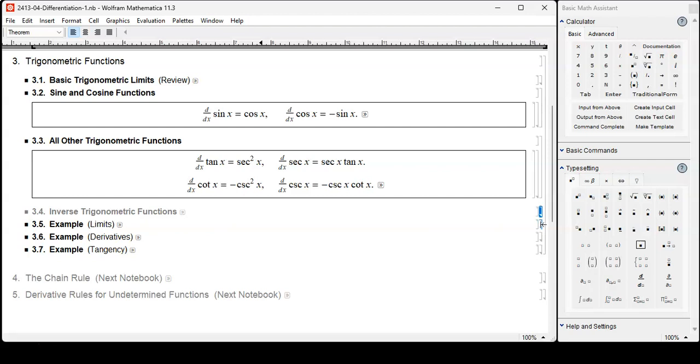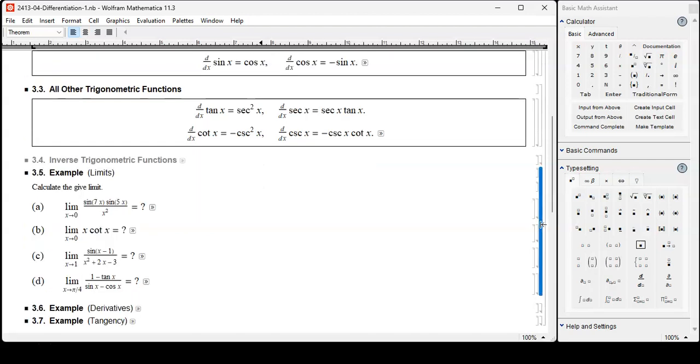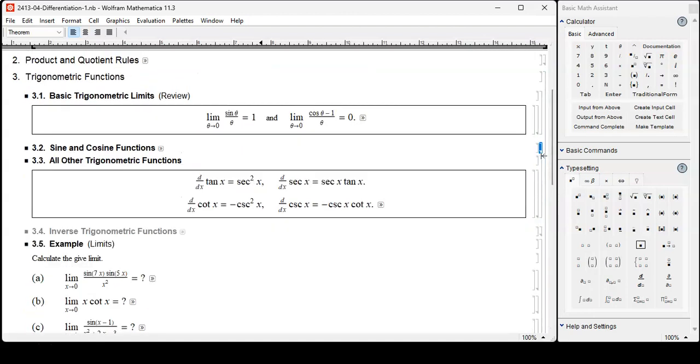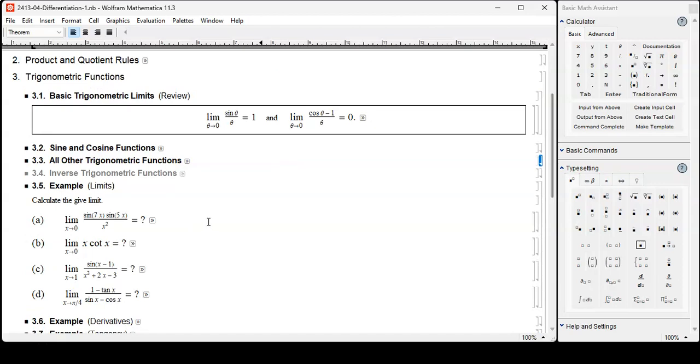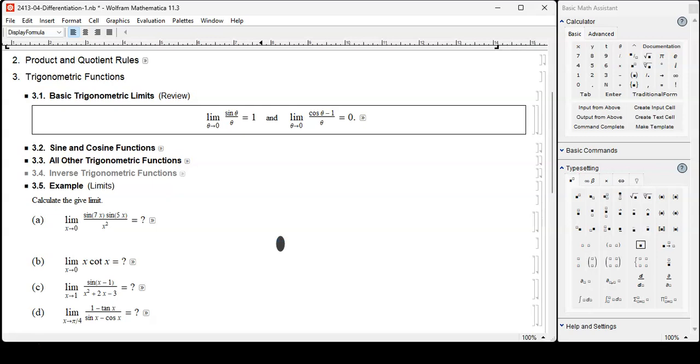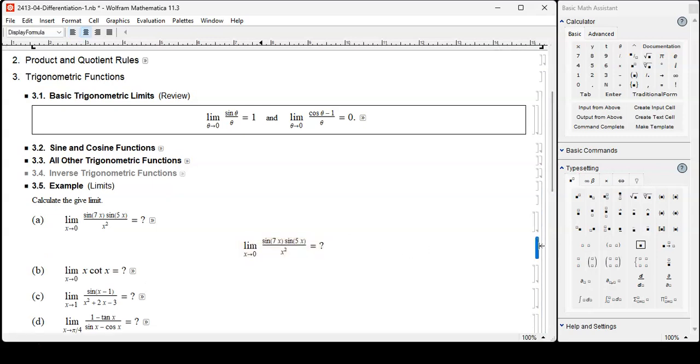Alright. First example here, let's do some limit computation problems. Okay, in that case, let's open this one up. The limit of sine of 7x, sine of 5x over x to the second power. We have a fraction, so I'd like to see it in a little bit larger font.